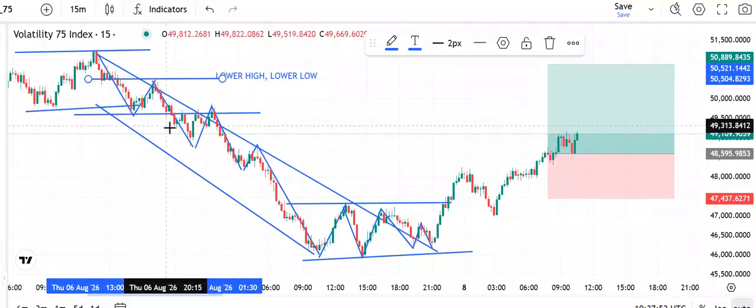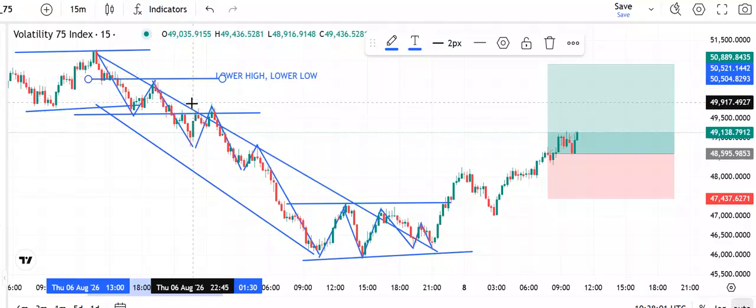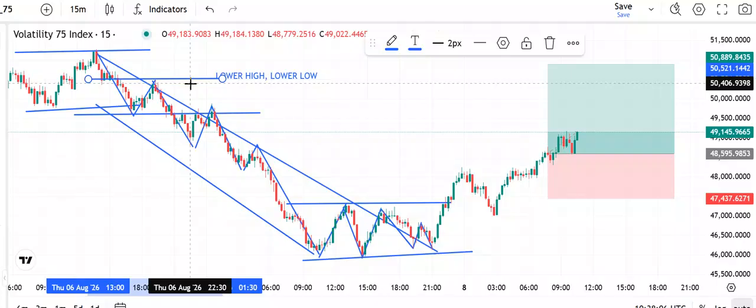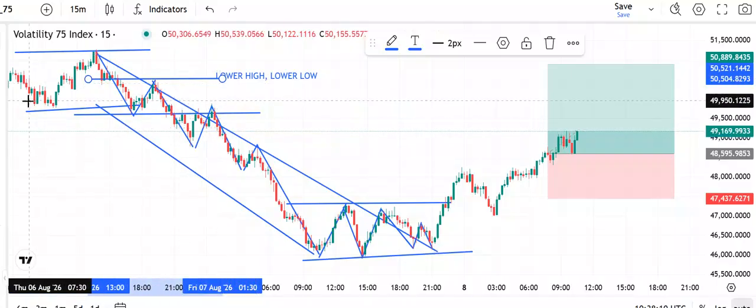If you are going to enter anywhere around here, so let's say the stop loss is 1000 pips or 500 pips, and then you enter your trade here, you sell here.